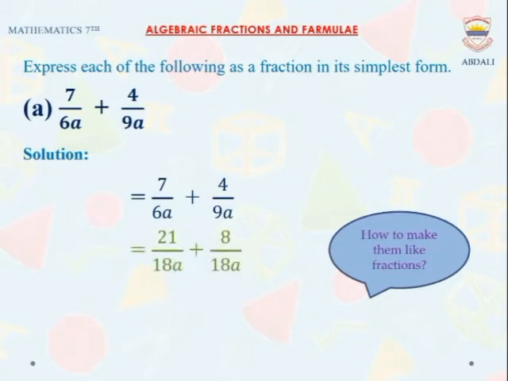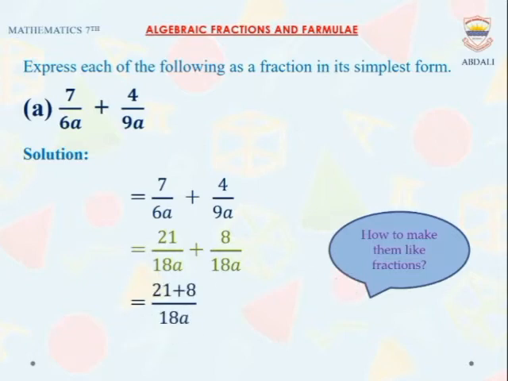Let's see, when we multiply the first whole fraction by 3, 7 3s are 21 and 6a 3s are 18a. Similarly, when we multiply our second fraction by 2, 4 2s are 8 and 9a 2s are 18a. So it becomes like fractions. We can see that our denominators are now the same, so we can easily add them.